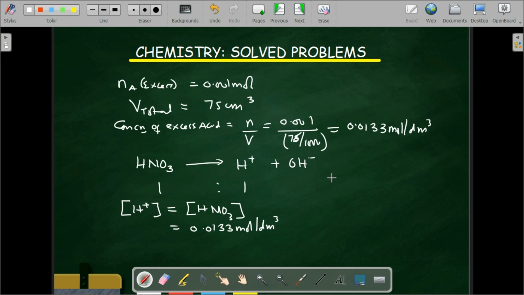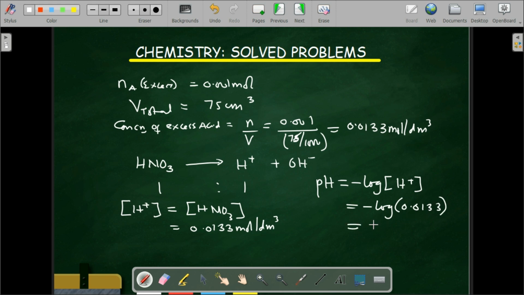Since we know the concentration of the acid, we can apply the formula: pH is the negative logarithm of the concentration of H plus. And what would that give you? Negative logarithm of 0.0133.